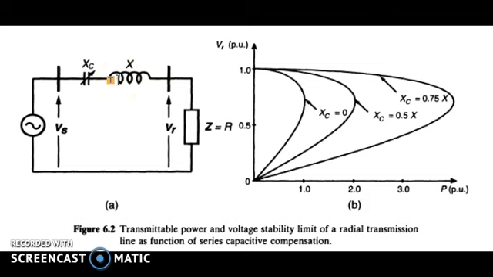That is, whether we want to compensate X completely or in a partial manner. In case of low loading conditions, overcompensation might lead to high voltages on the receiving side.